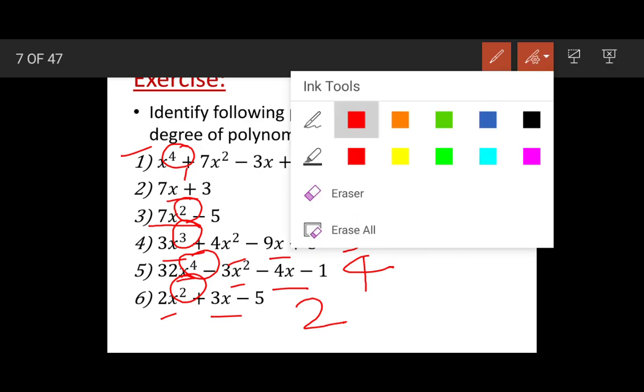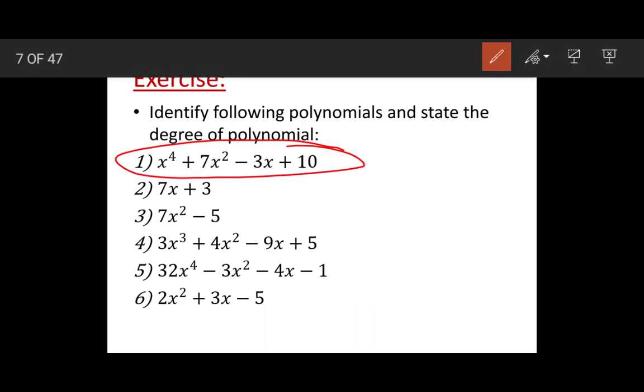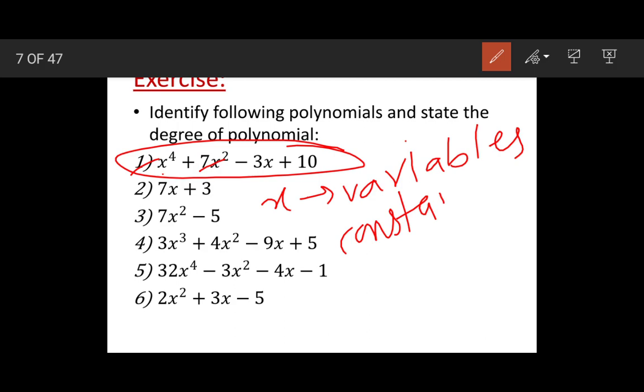So, is the polynomial concept clear? A polynomial is a combination of coefficients, constants, variables and exponents. X is the variable. The term plus 10 is the constant term.